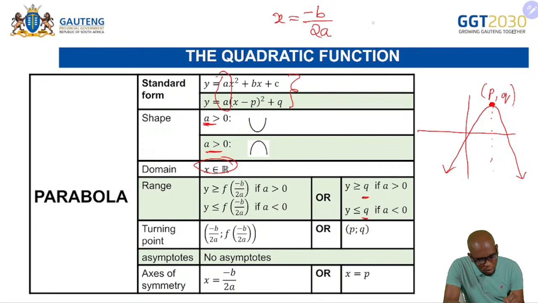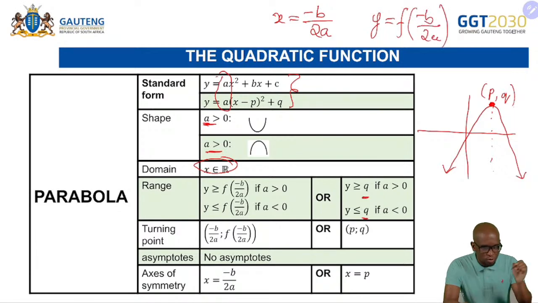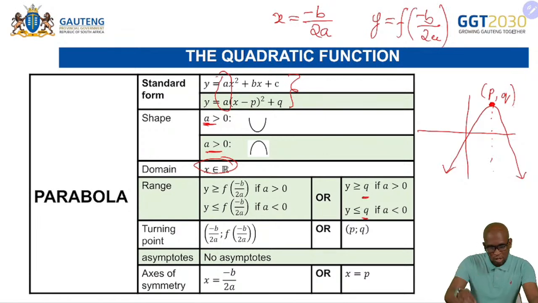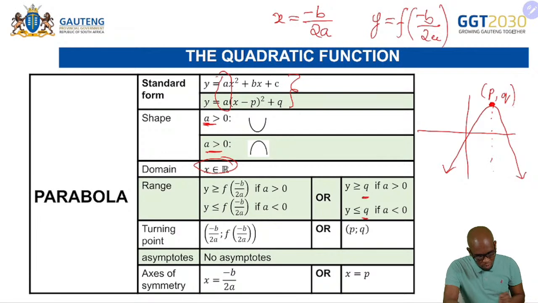How do you get the y value? You always substitute minus b over 2a where you see x. So that is the y value, because you would be substituting the value of x that you obtained in the original equation to get the corresponding value of y.